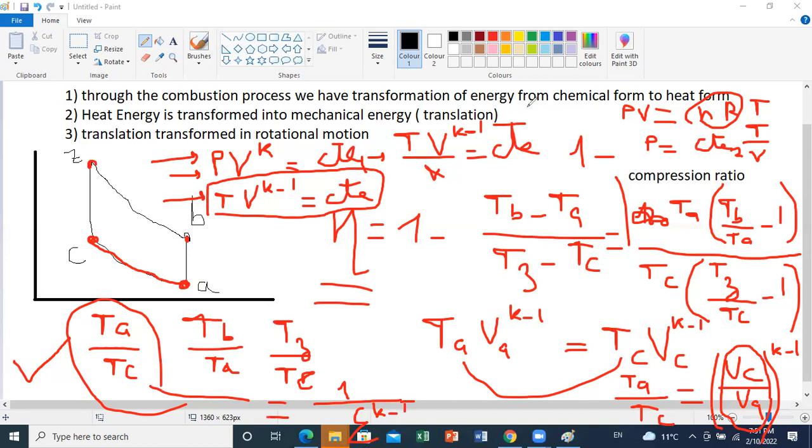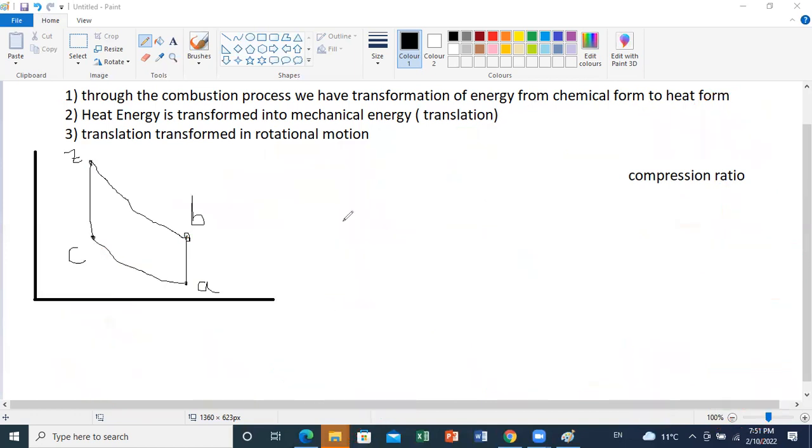Okay, so now we still have to find a relation for TB over TA, and express what TZ over TC is. If you just have a small look at your points, you can profit from the fact that the volumes at B and A are equal.